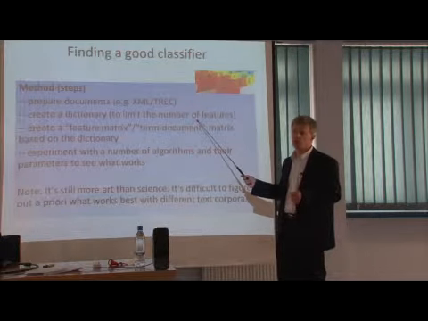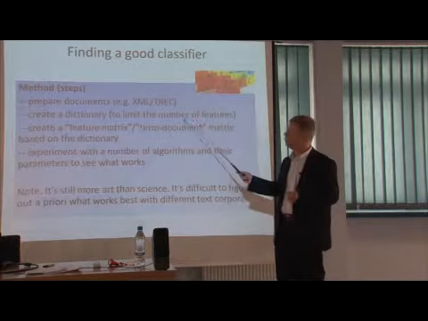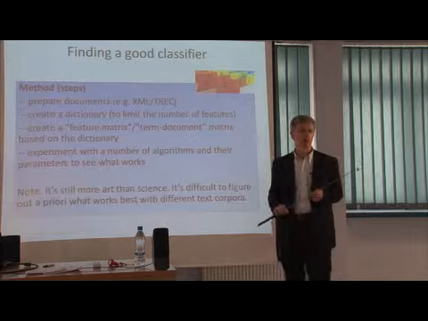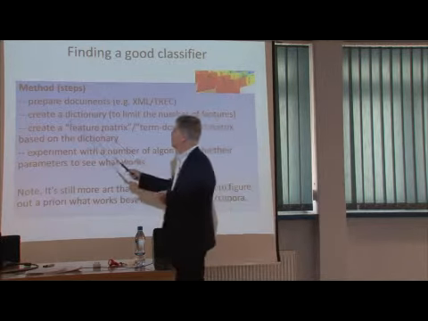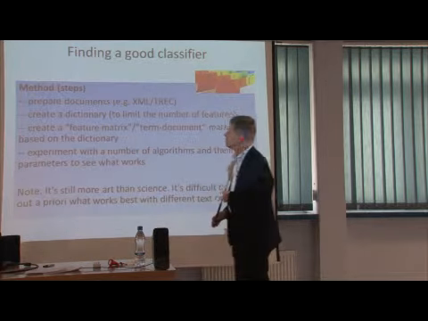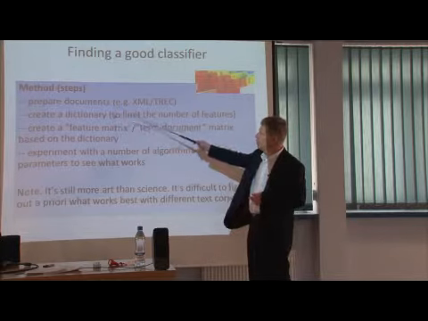So for instance, if you have 5,000 documents, you may want to have a dictionary of about 500 words. That's a rule of thumb, but it can be experimentally tested. So you have a dictionary. That would be the first step.